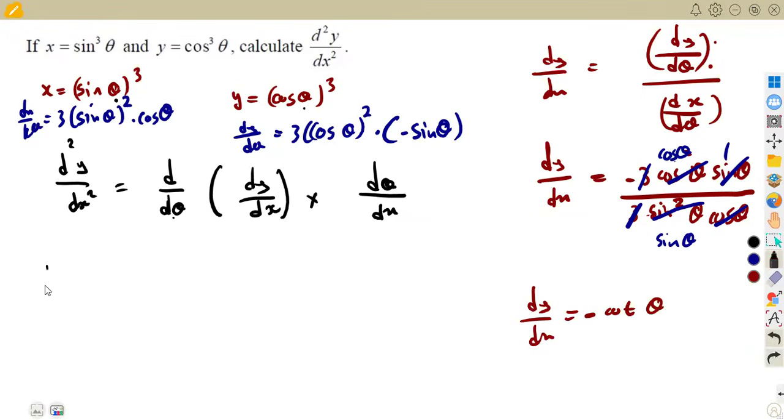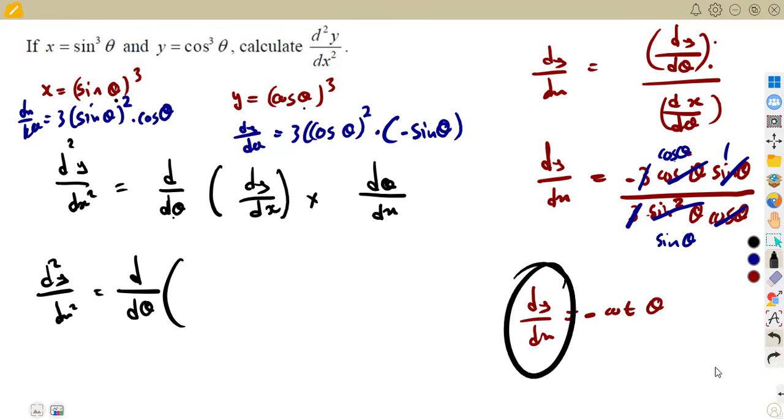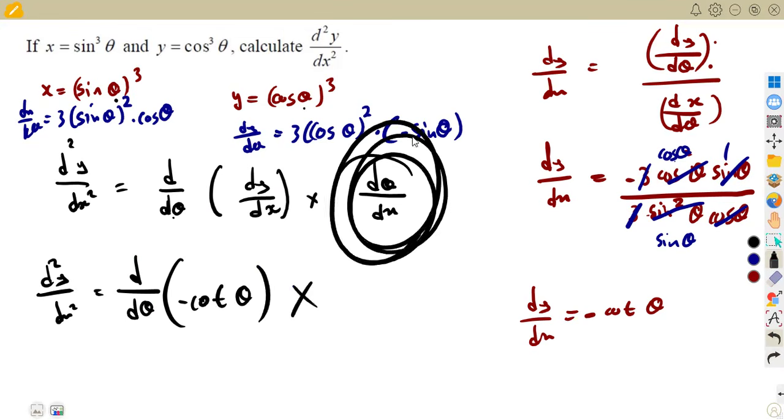From our second derivative, we said the formula is that we need to find the derivative with respect to theta of dy/dx. What we got from dy/dx was negative cot theta, times dθ/dx.